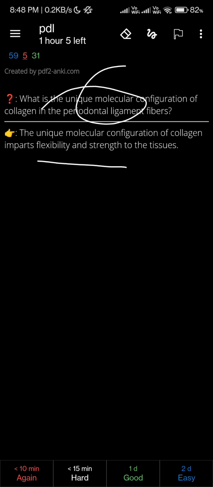So what is the function of the horizontal fibers in periodontal ligament? They prevent the tipping of the tooth, giving resistance against the lateral forces.